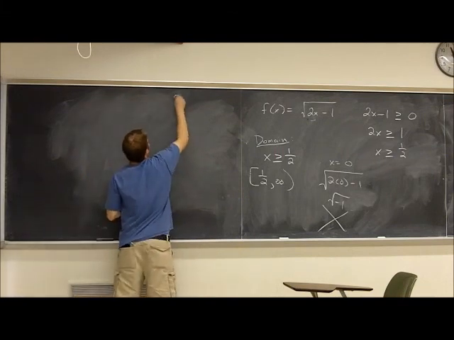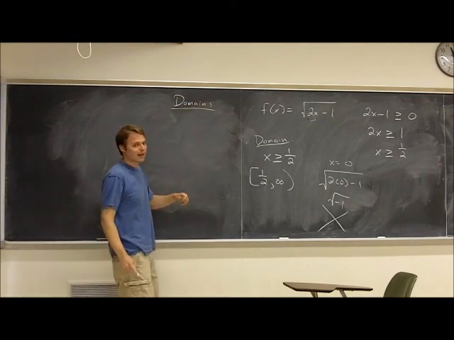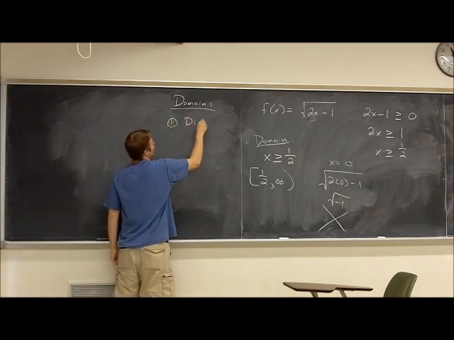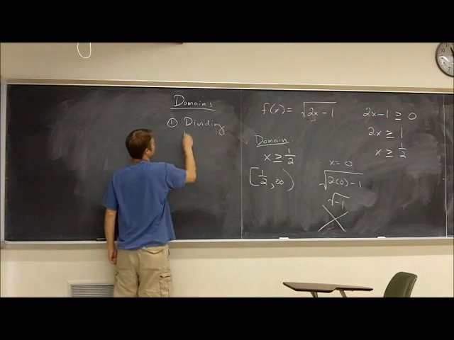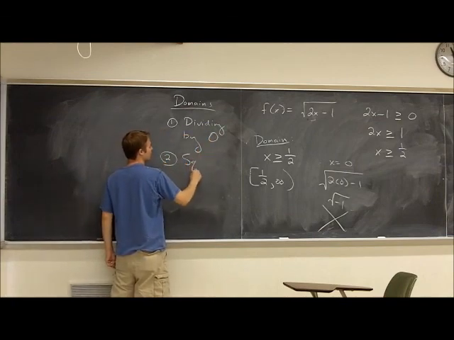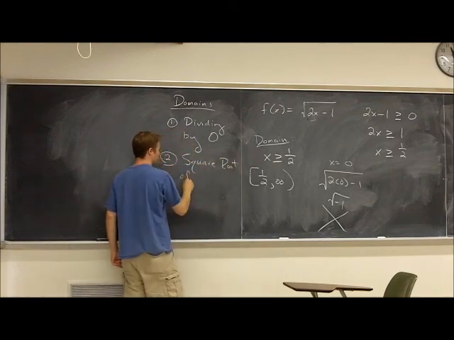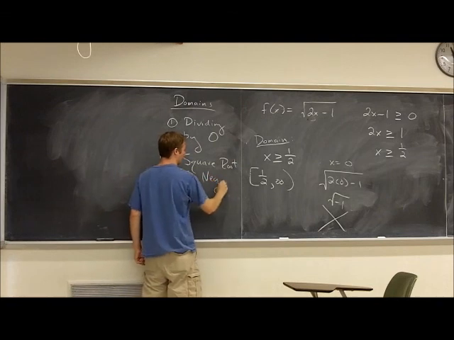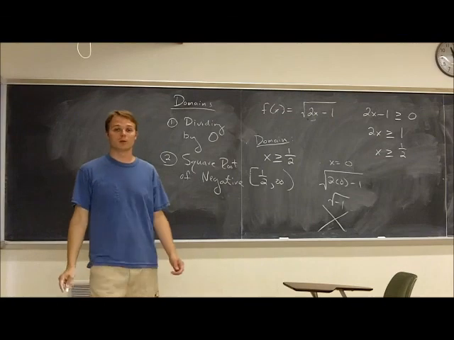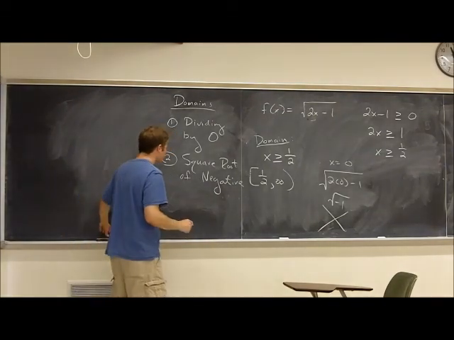If you want to make a checklist, at least so far, we can add some things later, but right now we're just going to deal with dividing by 0 and taking the square root of a negative number. So these are the two things that we want to look for whenever we're trying to decide what the domain of a particular function is.